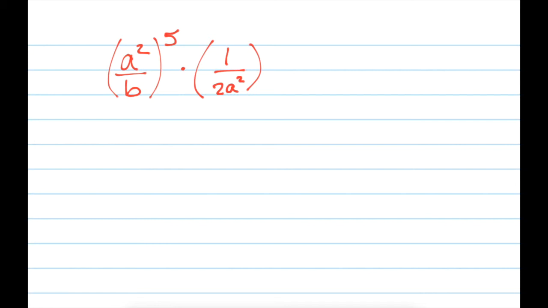The first thing we want to do is apply our power of a quotient property to the first piece. So we're raising the top to the fifth power and the bottom to the fifth power. There's really nothing to do with the second one yet.